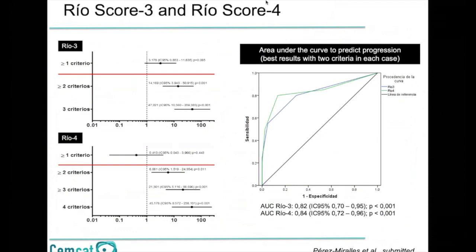So adding brain volume monitoring to lesions, EDSS progression, presence of relapses, you are better at predicting the evolution of your patients under therapy.